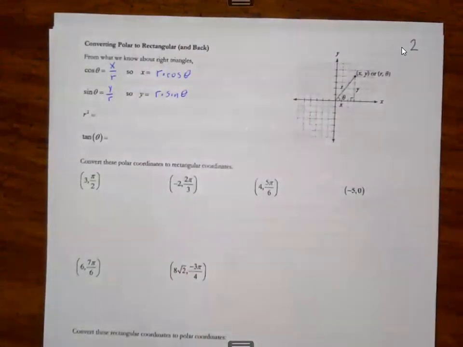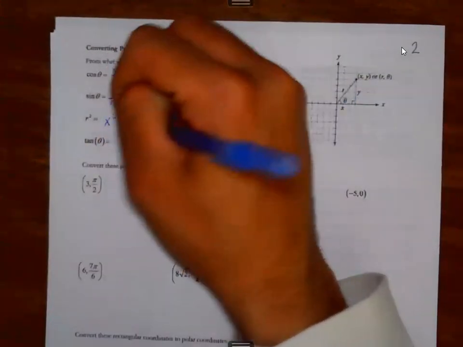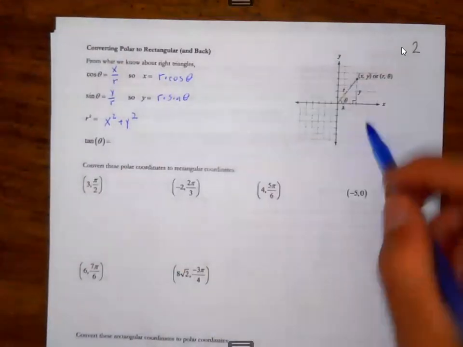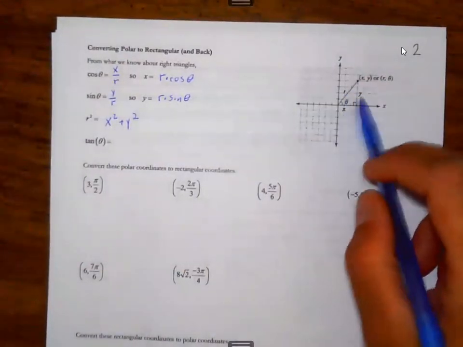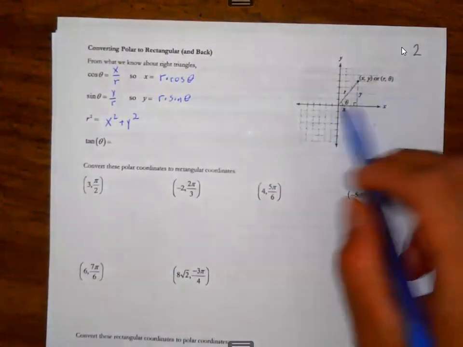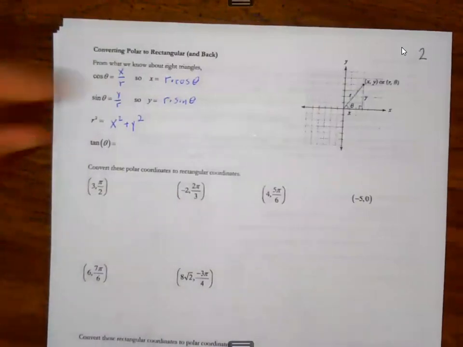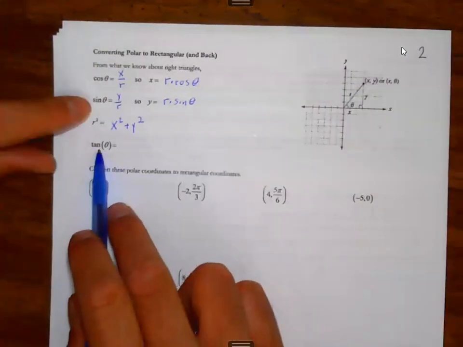Now R squared is equal to X squared plus Y squared, because of the old Pythagorean theorem, A squared plus B squared equals C squared. This is a right triangle, X and Y are the legs, and R is the hypotenuse. Then tangent is sine over cosine.